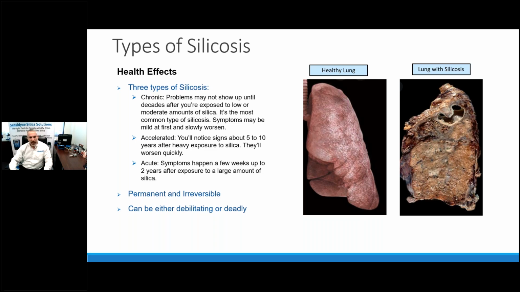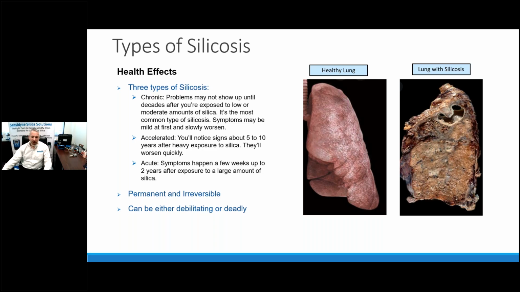Now, chronic problems may not show up until decades after you're exposed to low or moderate amounts of silica. It's the most common type of silicosis, and symptoms may be mild at first and then slowly and gradually get worse. With accelerated, you'll notice signs about 5 to 10 years after heavy exposure to silica, but then symptoms can worsen quickly.